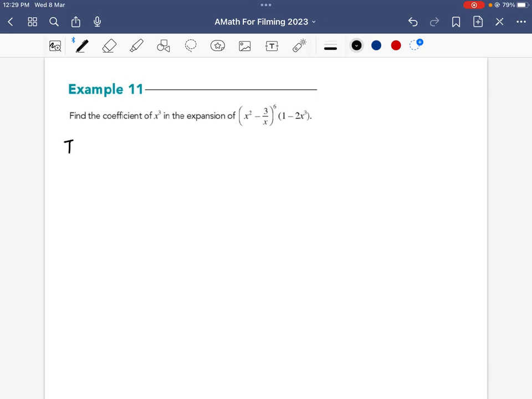So what I have is T 4 plus 1 is equal to 6 choose 4, x squared to the power 6 minus 4, negative 3 over x to the power of 4.